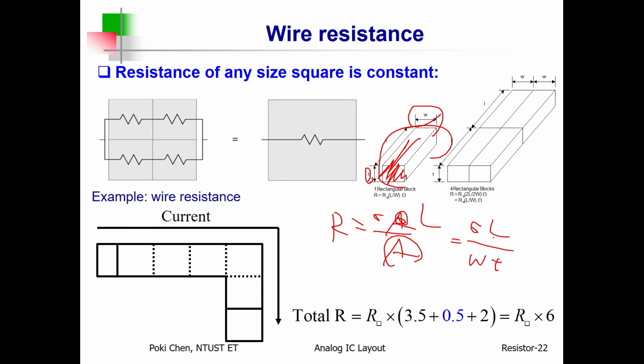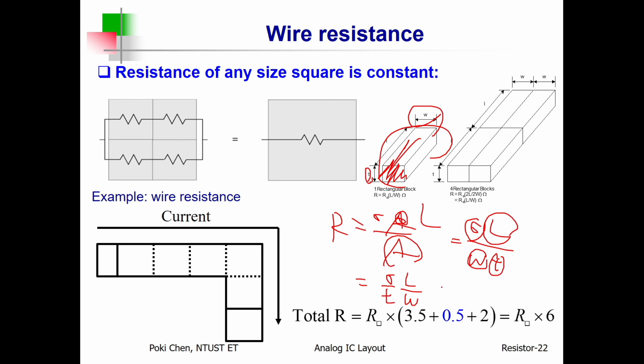Actually, you can only control W and L. What you cannot control is the resistivity and the thickness. So allow me to rewrite it. You will have those terms you cannot control, and this term you can control.